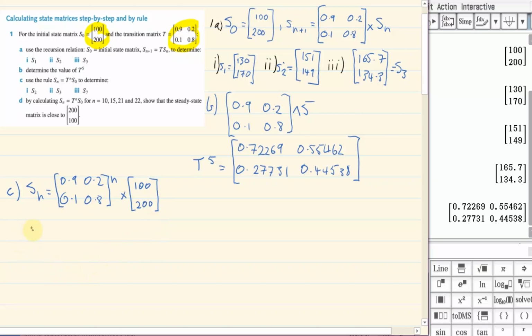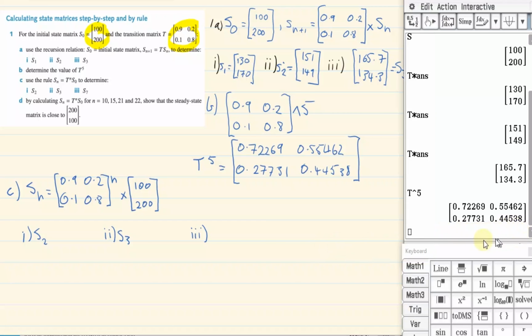Then it asks us, using that, to determine S2, determine S3, and then determine a state for more steps down. We do that over here.